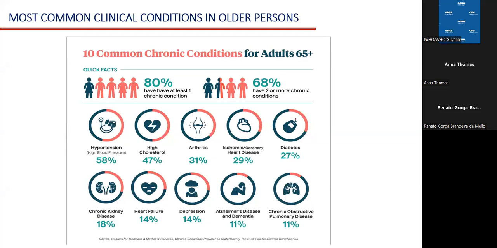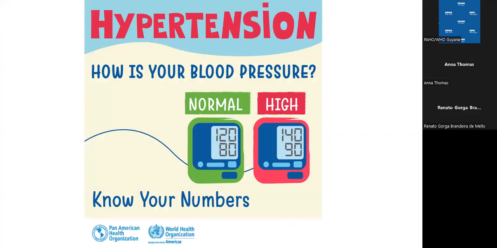Let's start with hypertension, as it is the most prevalent and it is associated with several problems, from coronary disease to hypertensive heart failure, cardiomyopathy, and chronic kidney disease, and other complications.